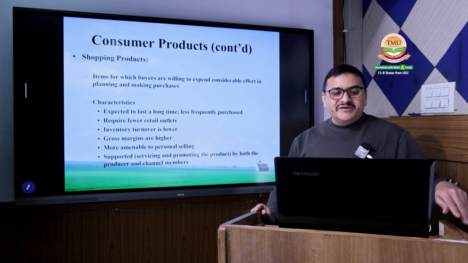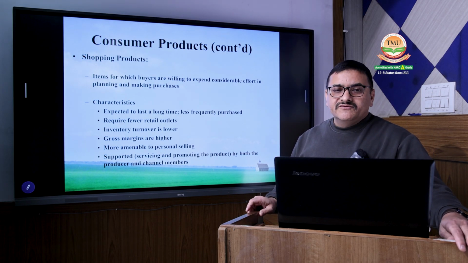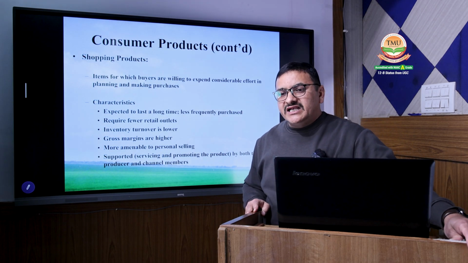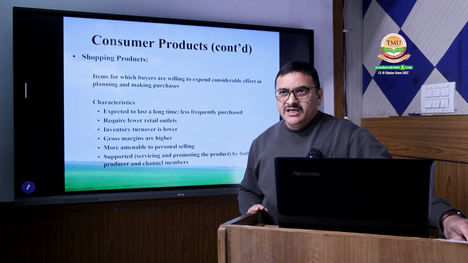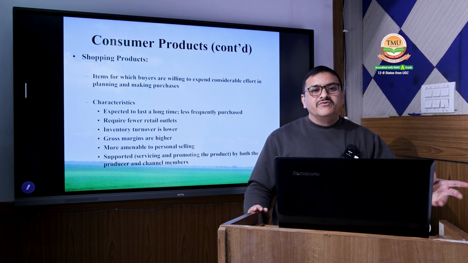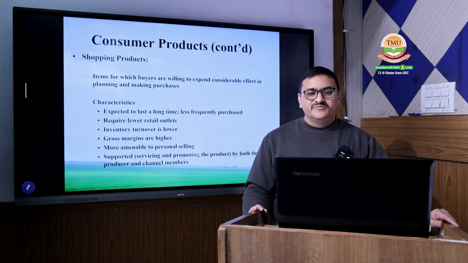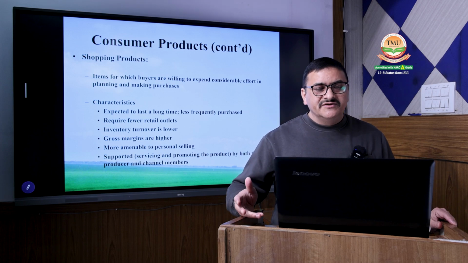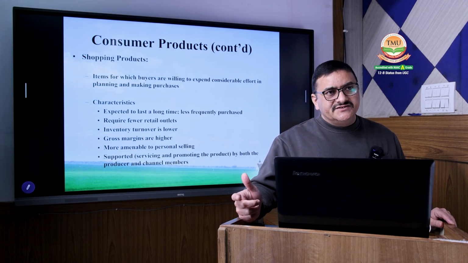Then they are more amenable to personal selling, which means for selling durable goods, personal selling is a very unique and important variable, because the customer has so many queries when they are in the market to purchase durable products with respect to quality, features, varieties or variants.